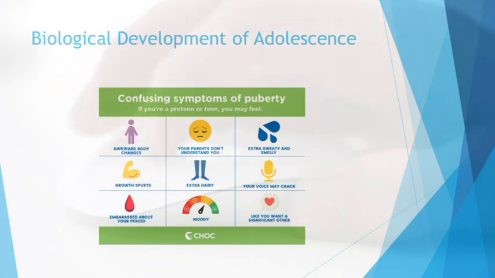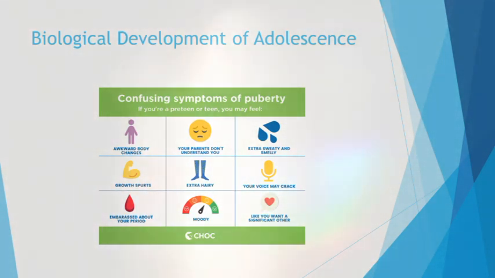And in addition to the genetic factors in adolescent development, environment influences the shaping of this biological development in puberty.